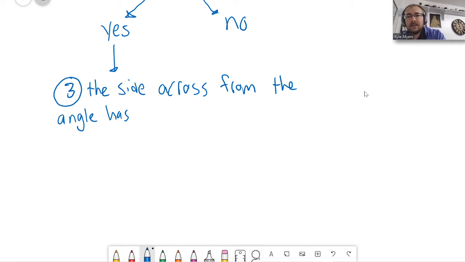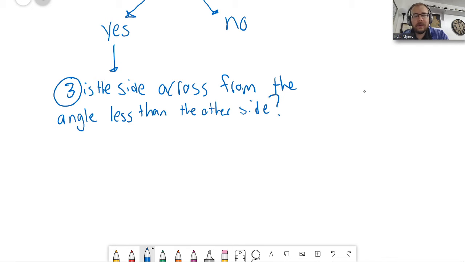I should say, is the side across? I forgot to word it as a question. I would fail at Jeopardy. Is there we go. Your answer must be in the form of a question. Is the side across from the angle less than the other side? Okay, so I feel like a picture would help with this.